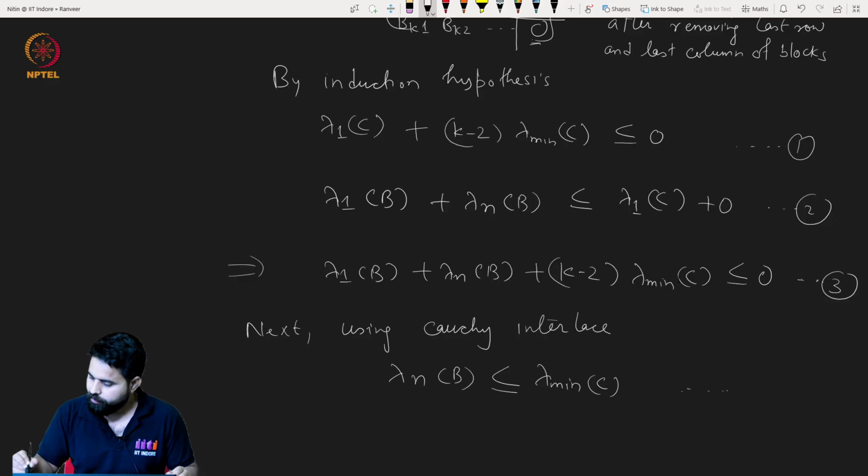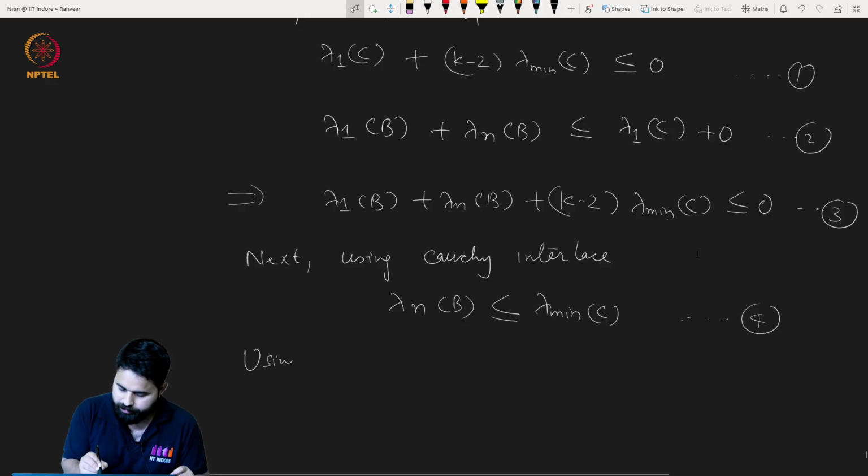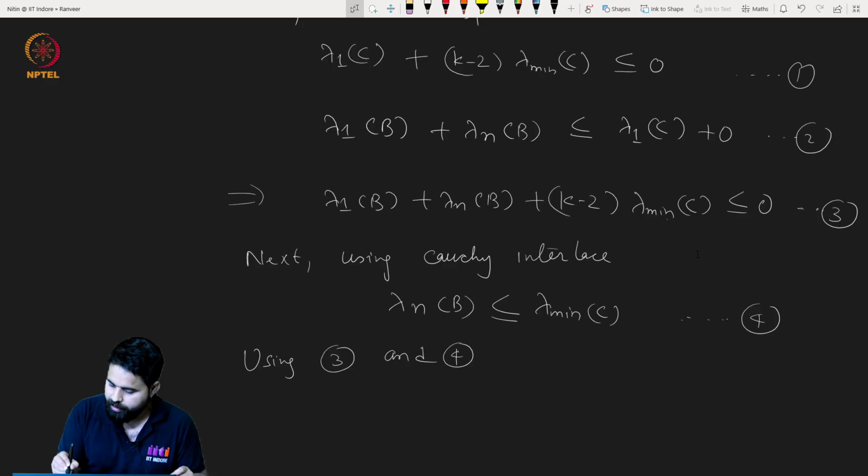So now let me call it 4. Now I think the result is very, very apparent. Lambda n is always less or equal to lambda min, right? So if I replace lambda min by lambda n right here, using 3 and 4, we can now deduce. So we are replacing lambda min with lambda n.